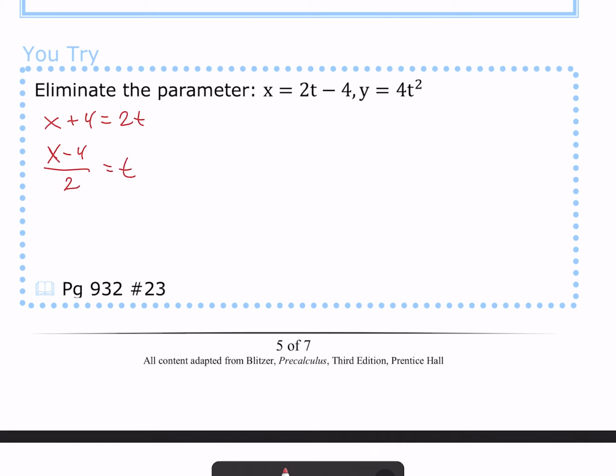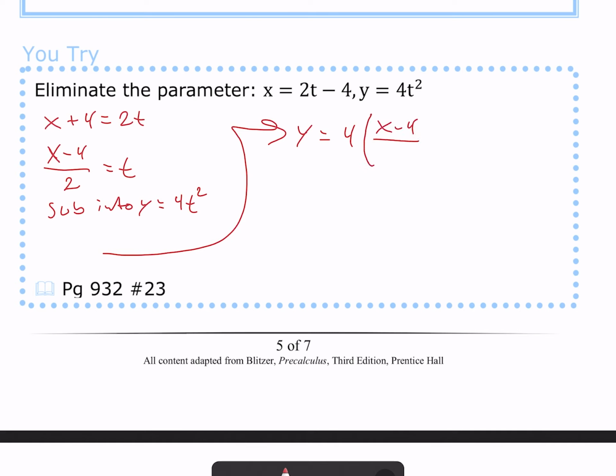Substitute that into our y = equation. And what do we get? y = 4 times (x minus 4 over 2) squared.